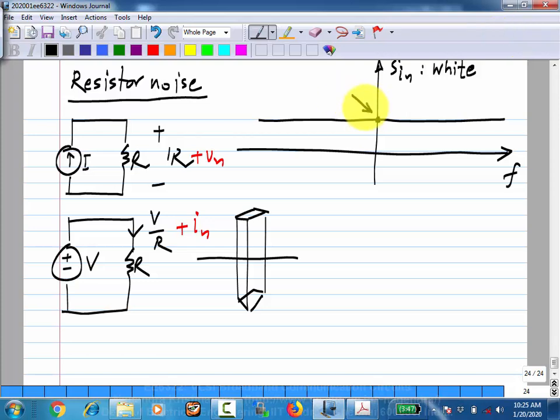And the value of the spectral density is 2kT times R. So the spectral density of the noise current in a resistor is 2kT R over all frequencies.